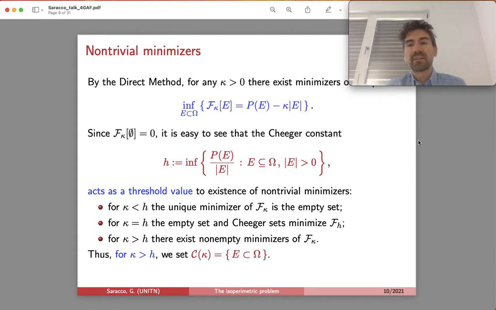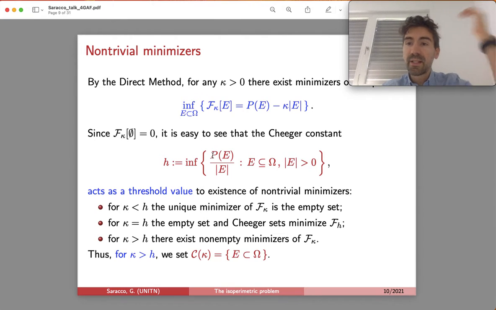And then there is, say, the critical value. When kappa is chosen exactly equal to this Cheeger constant, well, you have the two cases somehow meshed together. You have at the same time the empty set as a minimizer and sets minimizing this ratio. And these sets are usually called Cheeger sets of omega, okay?